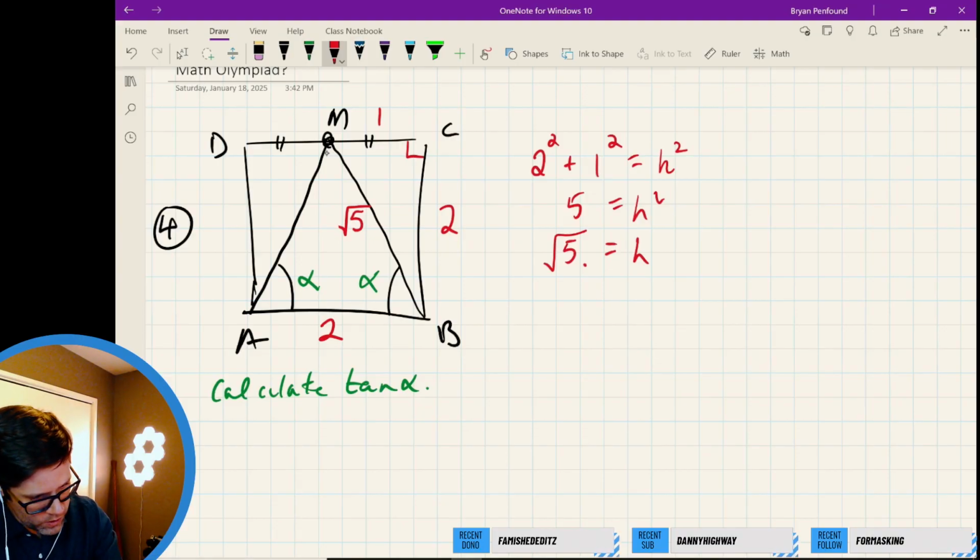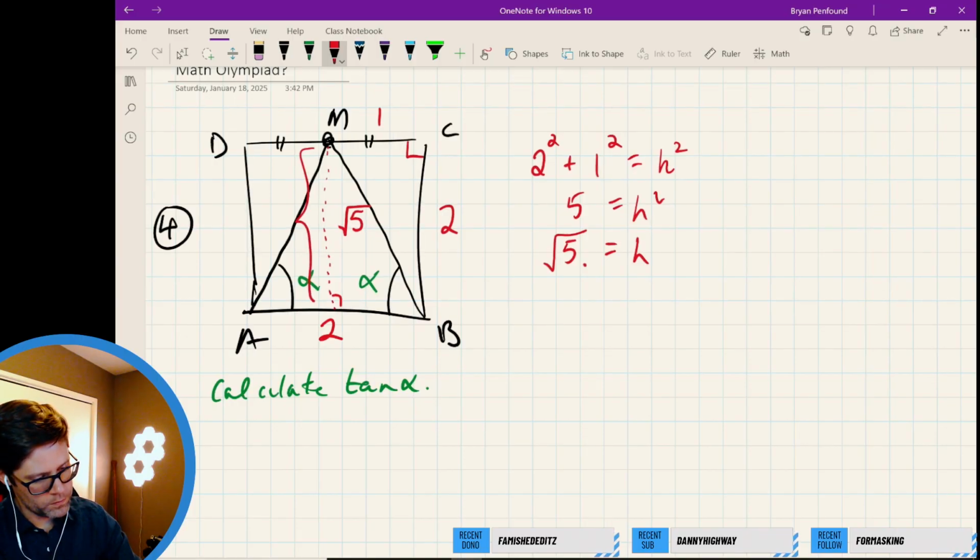What's this distance? If I was to make a 90-degree angle, like just drop this as a 90-degree angle, what would this distance be here? I think we could take that as 2, right? Wouldn't that make sense?